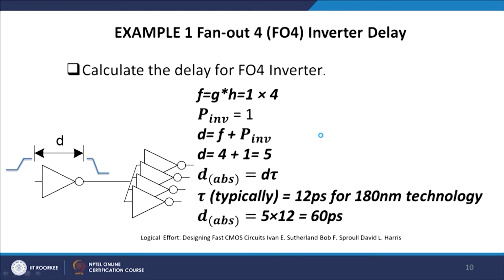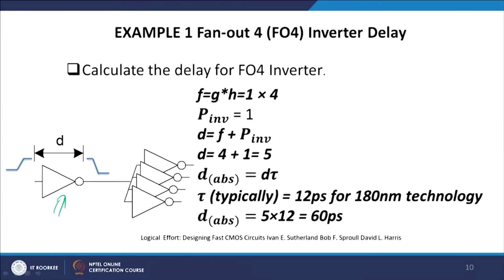I will give an example of FO4 inverter delay. If I have an inverter like this, then F is equal to G into H. G for a single inverter is 1. So 1 into 4, assuming that you are driving 4 such inverters, is the output. P inverter is the parasitic delay, assuming it to be equal to 1, I get D equals F plus P inverter. F is nothing but 4. So 4 plus 1 is 5.